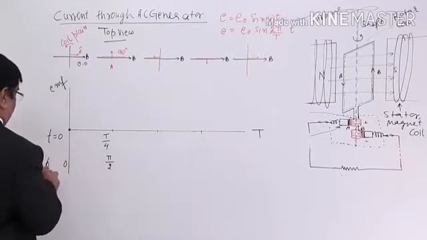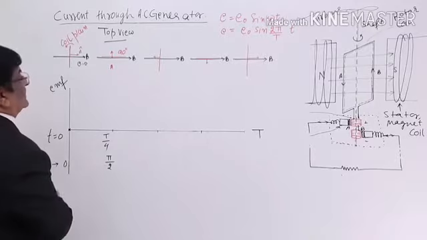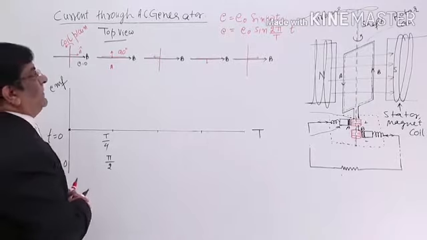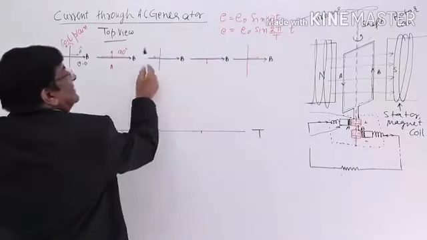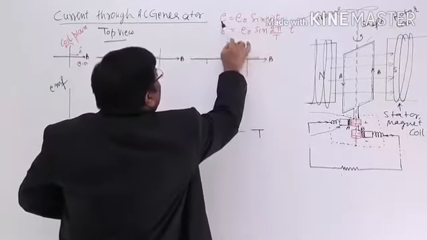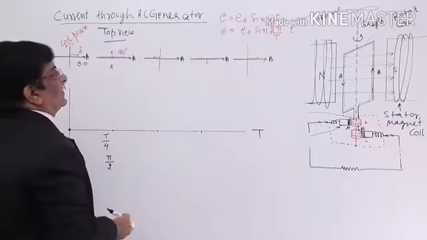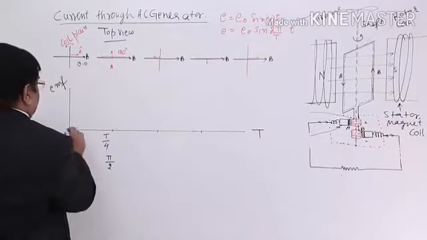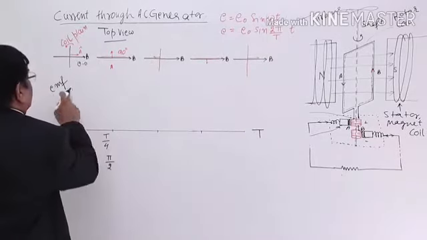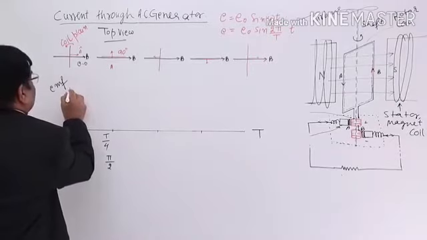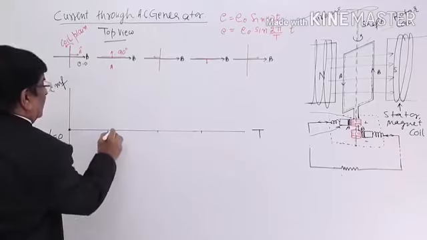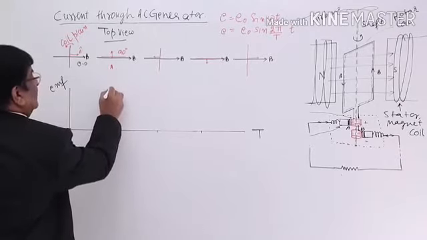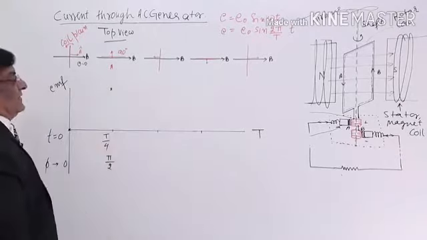This I will call phi, the phase. How much is the EMF now? If we place the phase as 90 degrees, then sin is 1, and E is equal to E naught, that is the maximum value. So here E goes to its maximum value. Let us say this is the maximum value, and at this time, this is the point on the graph we get.